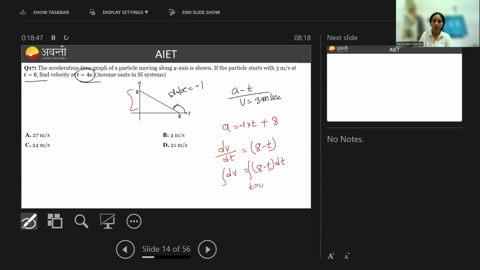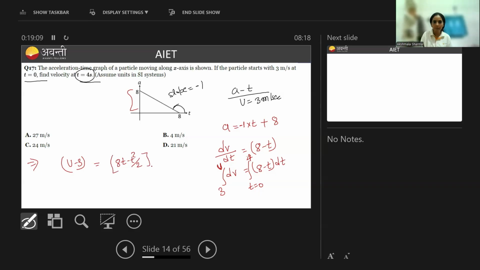So at t equal to 0, initial speed is given 3 meter per second. At t equal to 4 seconds, we have to calculate, let's say velocity value is u. Now if you solve it, it will become u minus 3, and this is equal to how much? This is equal to 8t minus t square by 2. Done?